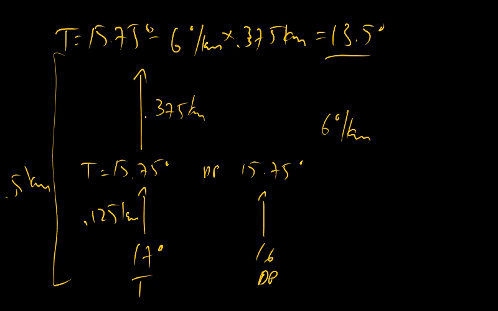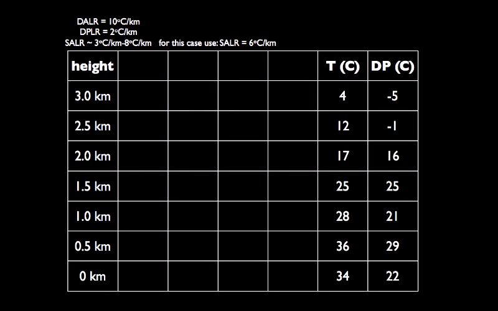So it'll be 13.5 degrees, and the dew point will simply follow that up. So the dew point will also be 13.5 degrees. And so now we can go back to our table and find that if we go from 17 degrees and 16 degrees and bring this up to the next level, we're going to have 13.5 and 13.5.